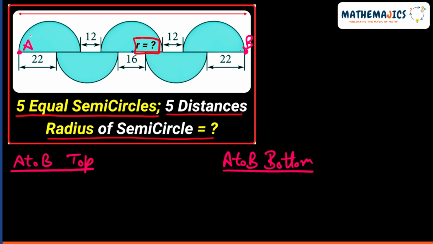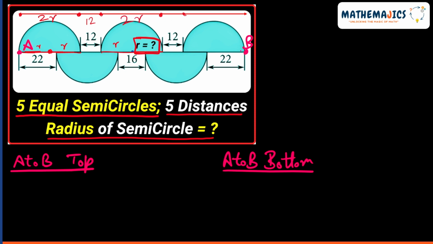Let's measure the distance from top first. If you look carefully, from point A to this point, the distance will be equal to the diameter of this semicircle. The diameter is R and R, that means 2R. From this point to this point, the distance will be 12. From this point to this point, the distance again will be the diameter of this semicircle, which is 2R again.